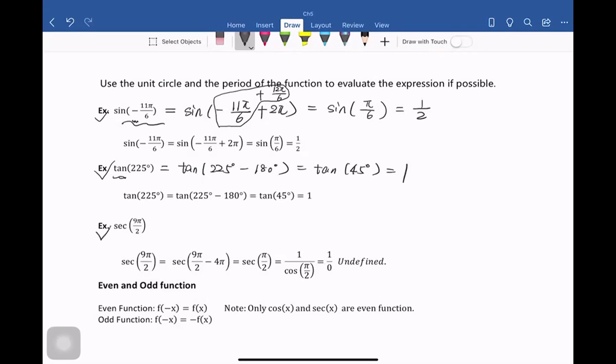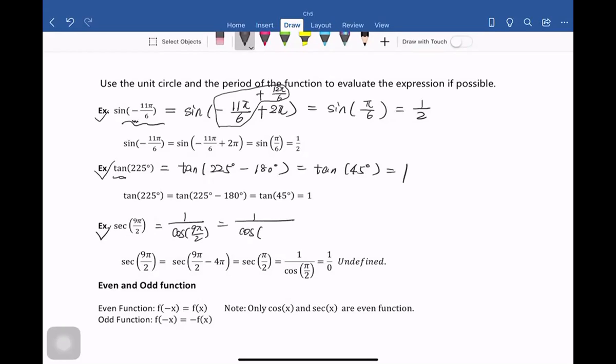Next one, secant of 9 pi over 2. This is a big angle. I have learned that secant equals 1 over cosine, so it's 1 over cosine of 9 pi over 2. I can subtract 2 periods for the cosine, 2 times 2 pi.